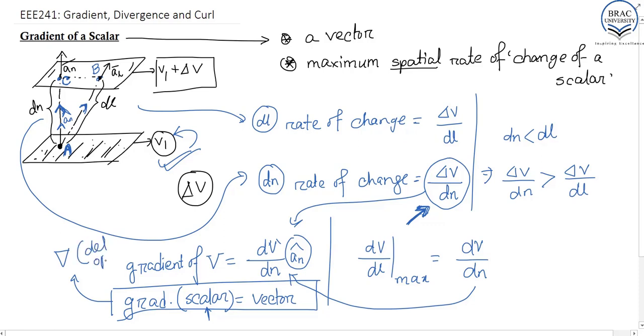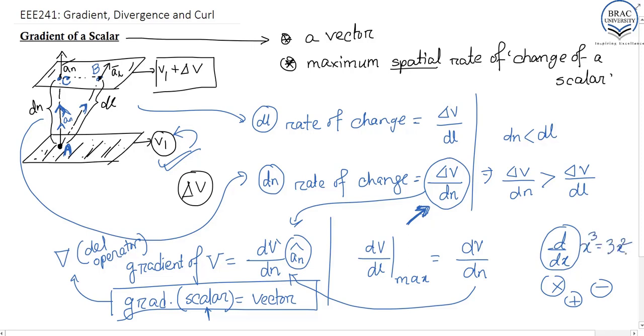This is basically a differential operator. You know, d/dx is an operator. For example, d/dx is an operator which, if applied on x cubed, will give you 3x squared as a result.